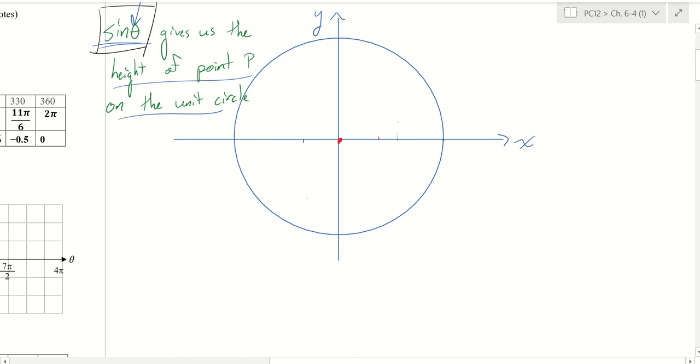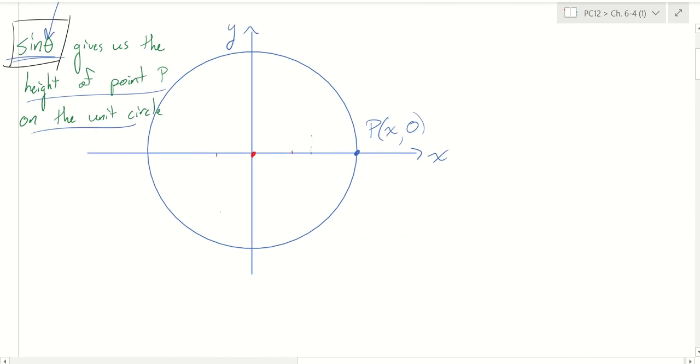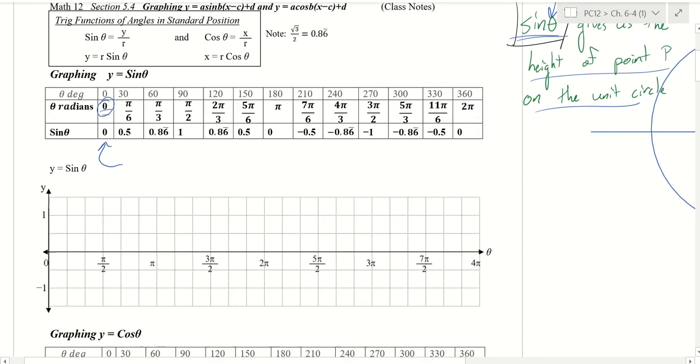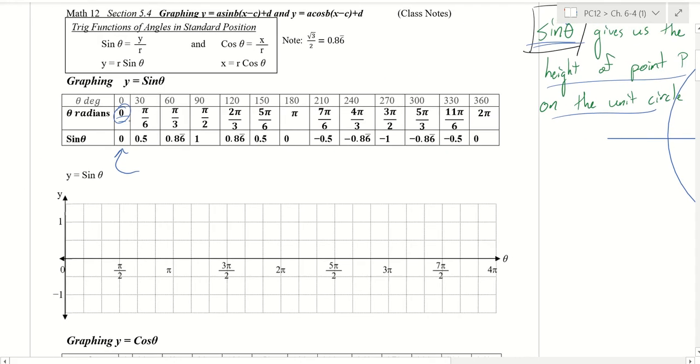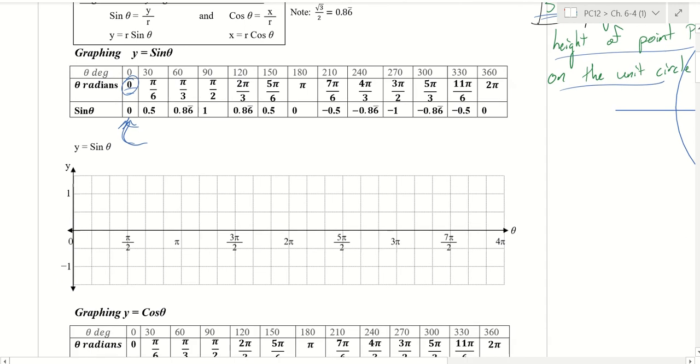What that corresponds to is the fact that if we don't have any rotation at all, it doesn't really matter what the x value is, but the y value is going to be 0. So a rotation, and that's what sine of theta gives us, right? This is sine of 0. So when we have 0 rotation, sine of theta gives us 0 as the output.